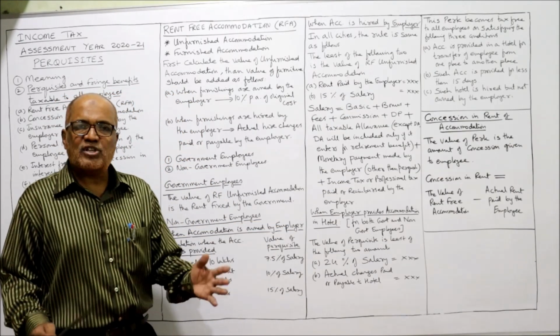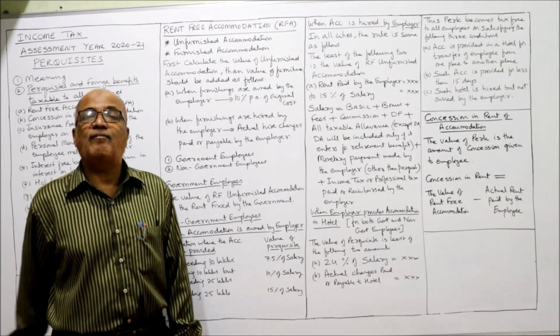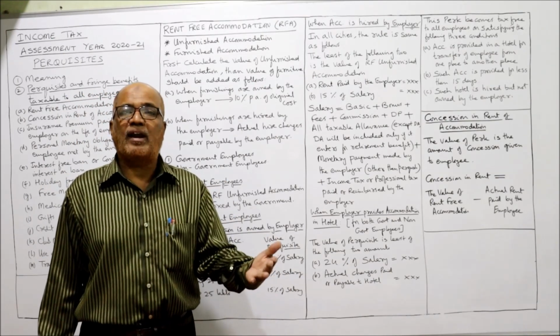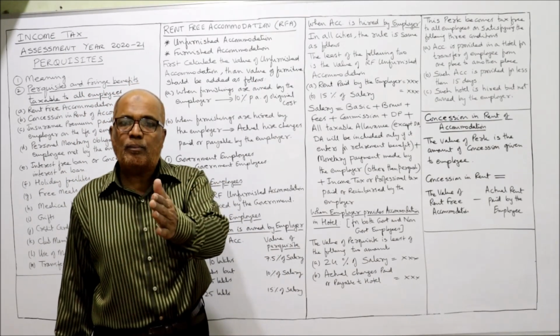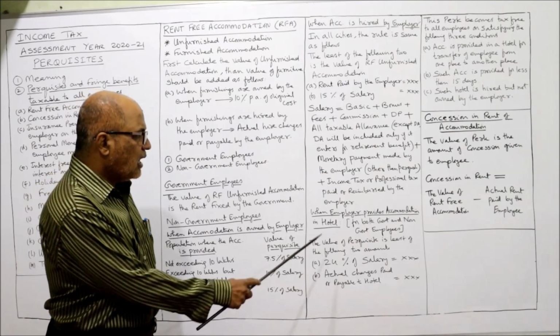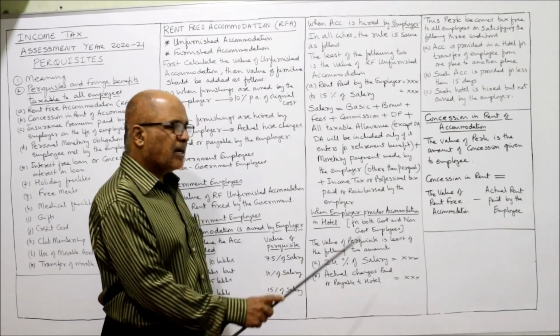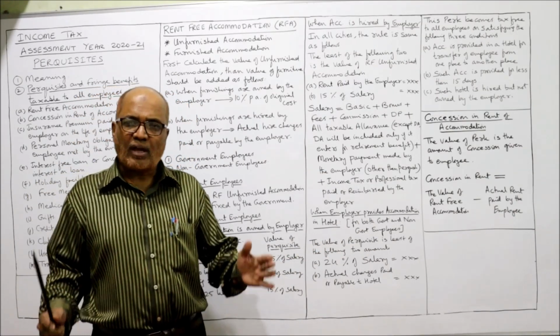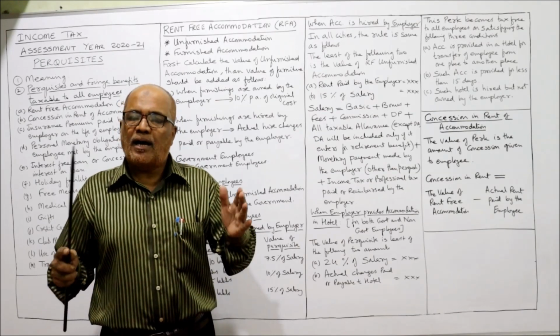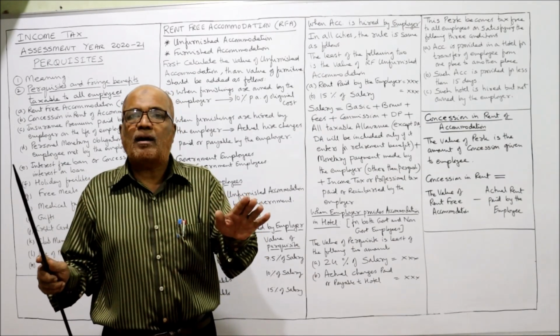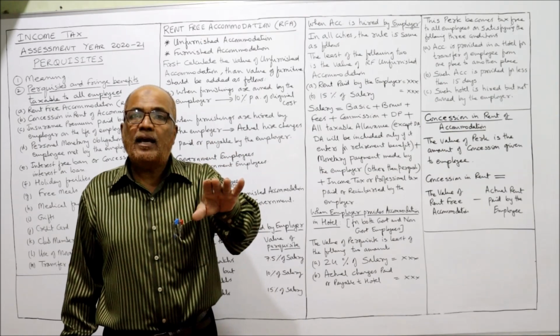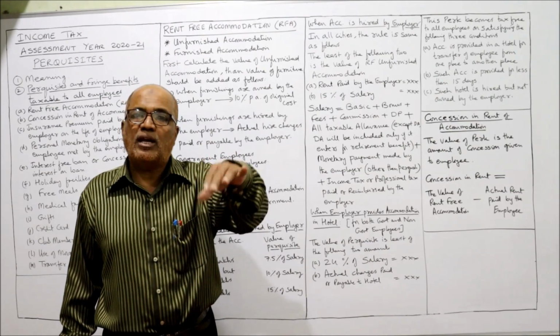That's all. So I've explained to you how to calculate the value of unfurnished accommodation and furnished accommodation of government employees and non-government employees. Now, sometimes the employer is not giving accommodation but providing the employee accommodation in a hotel.